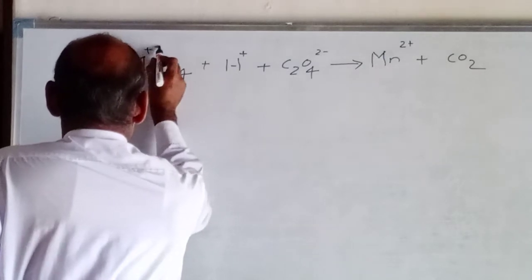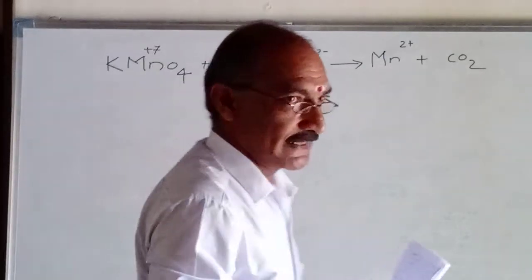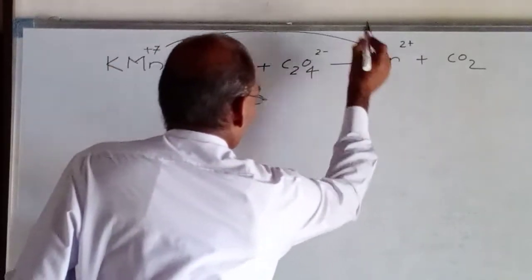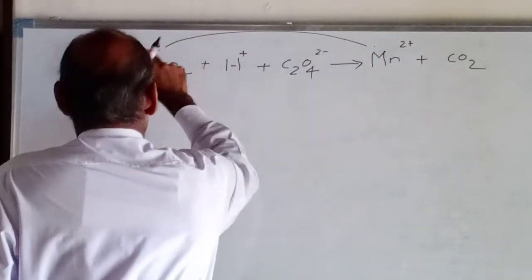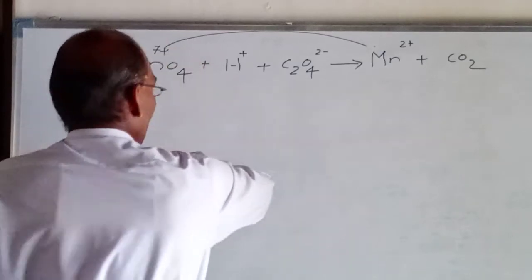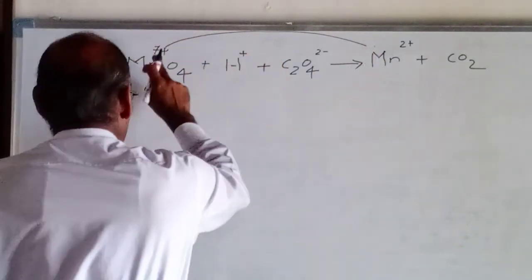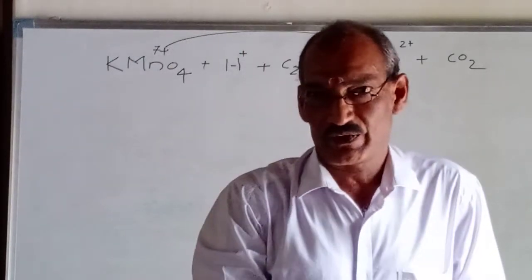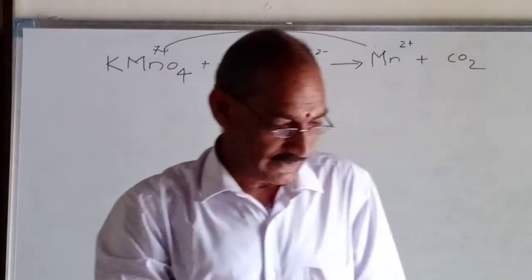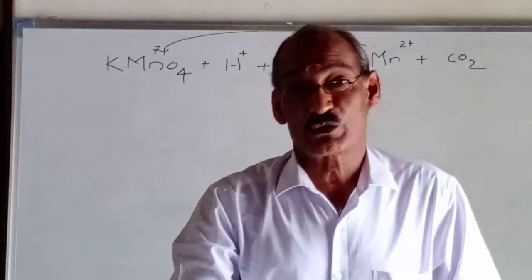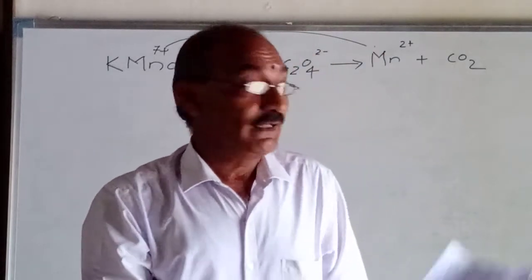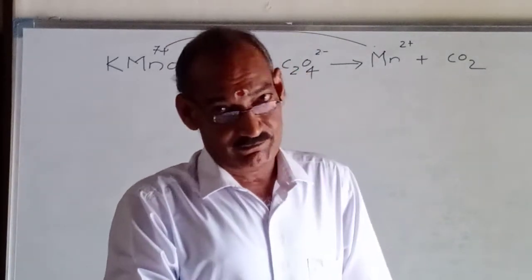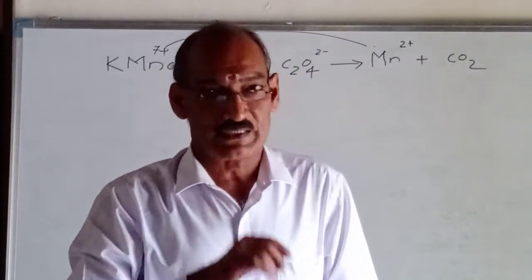In KMnO4, manganese has a plus 7 oxidation state, and here it is Mn2 plus. So the oxidation number decreases, which means addition of electrons, because plus 7 becomes plus 2. Mn7 plus has to add electrons, then only it can become 2 plus.